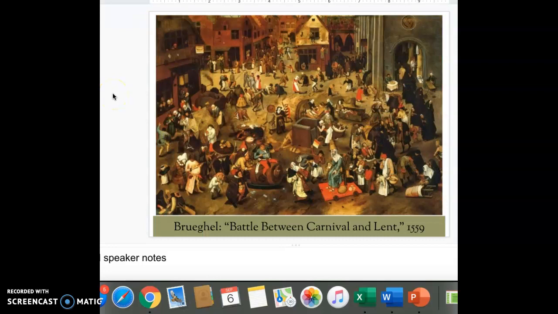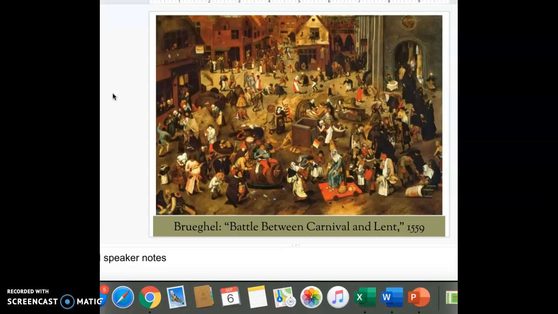Another well-known example of a Bruegel painting is this one titled Battle Between Carnival and Lent. Before I go into some details about this particular work of art, I want to switch over to a document to give you some background on what was going on culturally with the people that lived during the Renaissance.